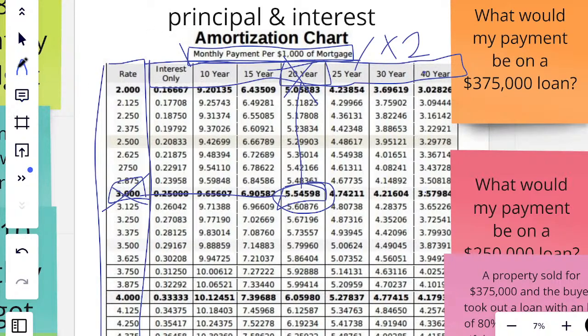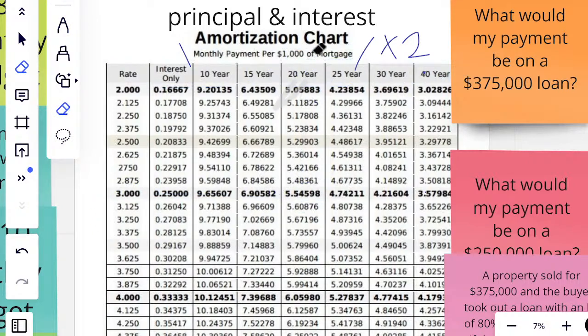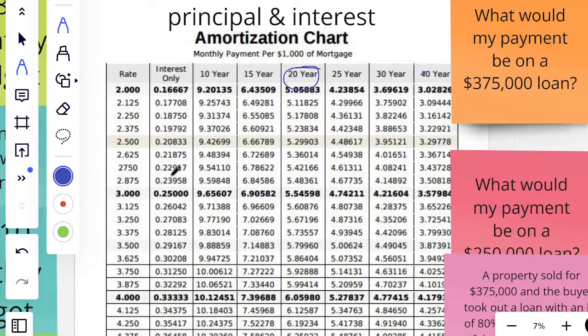Now I'm going to erase a bunch of things just to make it a little easier. We're still going to use the same number, the 20-year, 3%. So 5.54598 is the monthly payment for $1,000 of a mortgage.